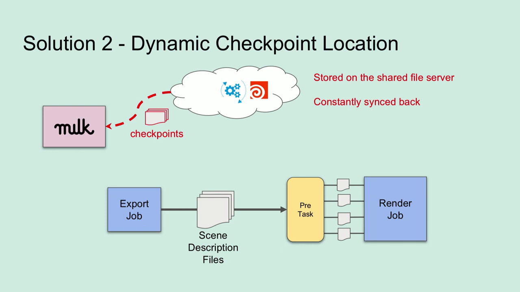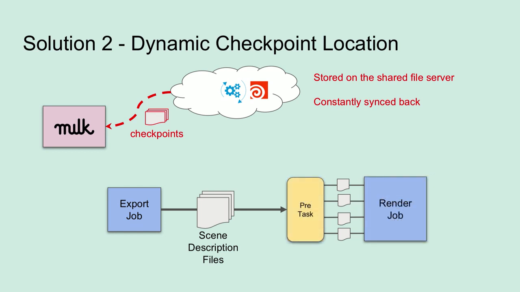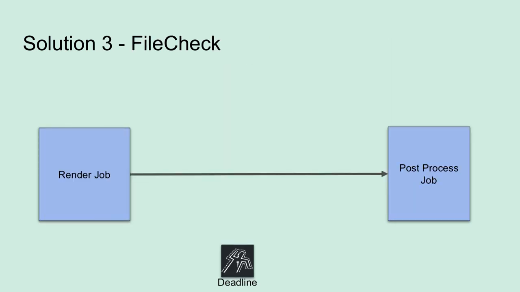And what this pre-task script is doing is basically editing the scene description file. And if the job is running in the cloud, it dynamically changes the checkpoint location. So if the job is running on-prem, then we have the same behavior as before. But if it's running in the cloud, then we can redirect the checkpoint to be stored locally and not synced back.